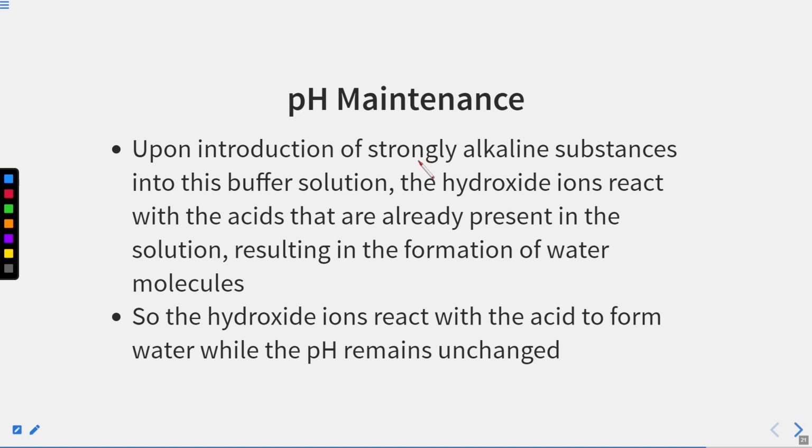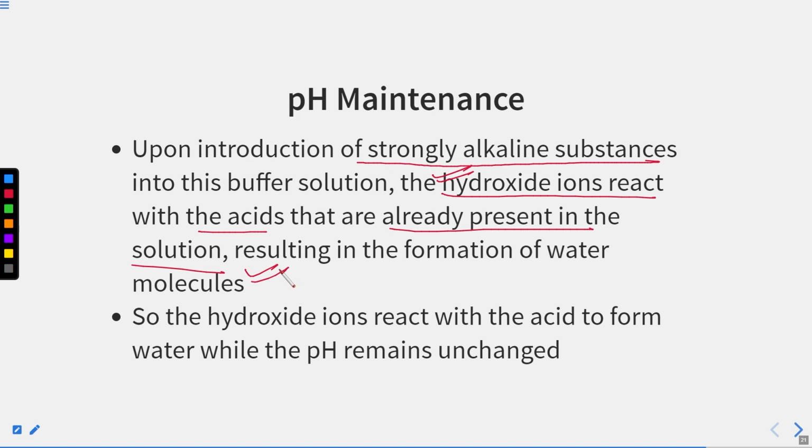Upon introduction of a strongly alkaline substance into the buffer solution, the hydroxide ion reacts with the acid that is already present in the solution, resulting in the formation of what? Water molecules.